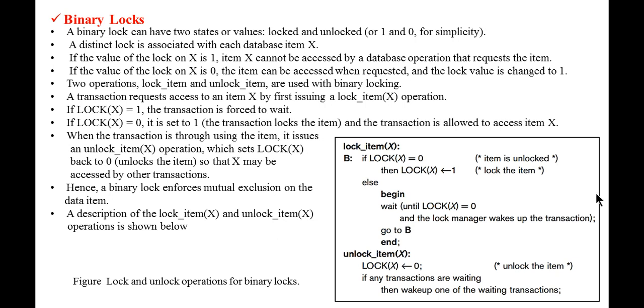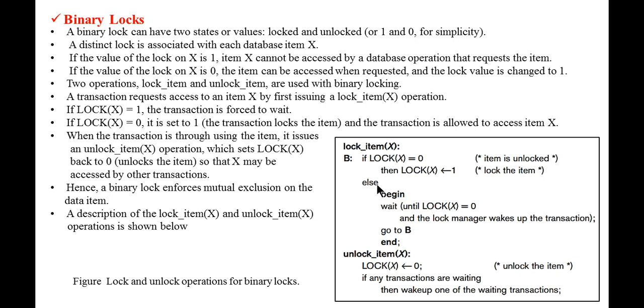You can see in this diagram, if a transaction is issuing lock item of x, first it checks whether the lock value is 0 or not. If it is 0, then only it can access the lock. Once after accessing the lock, the value must be set to 1. If this condition is false, what does it mean? The lock of x is 1.